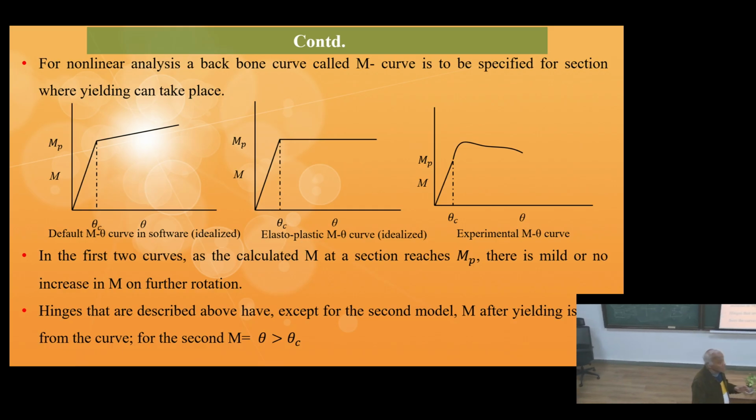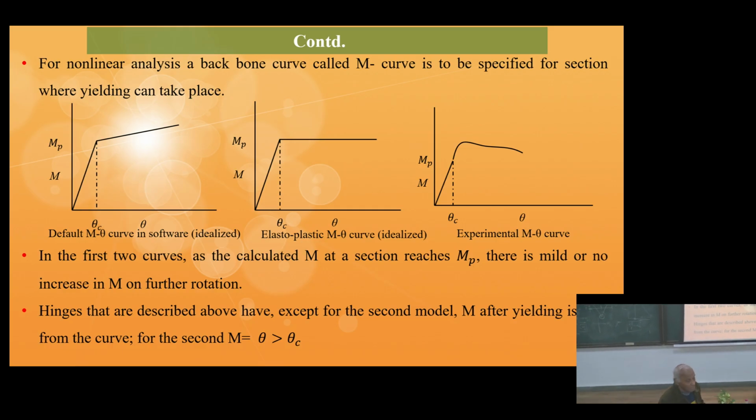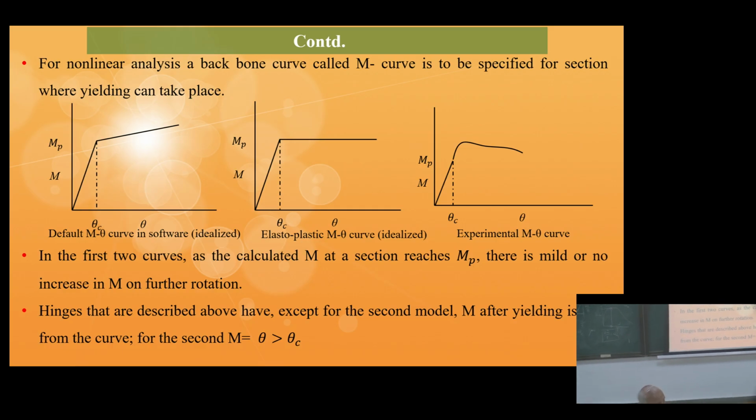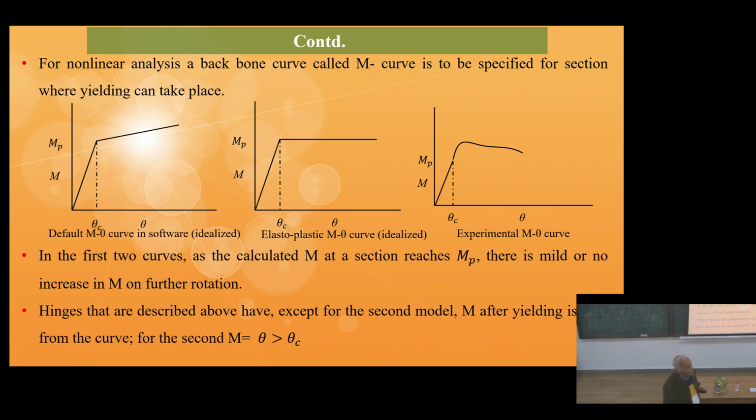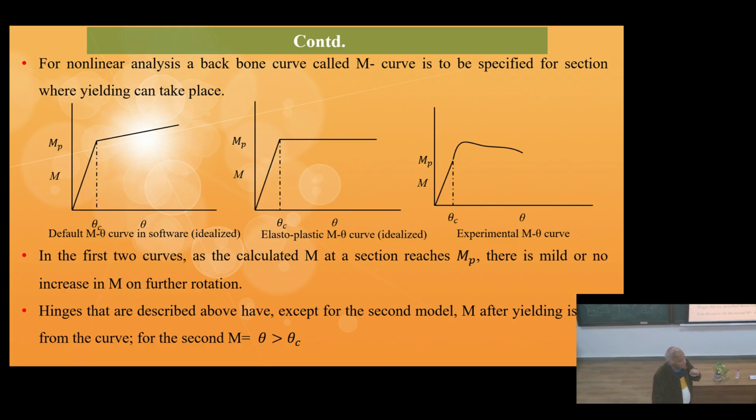When you start calculating, initially it assumes that all the members are elastic. In the elastic range it has a stiffness, and according to that stiffness it generates the stiffness matrix and then goes ahead with the calculation.